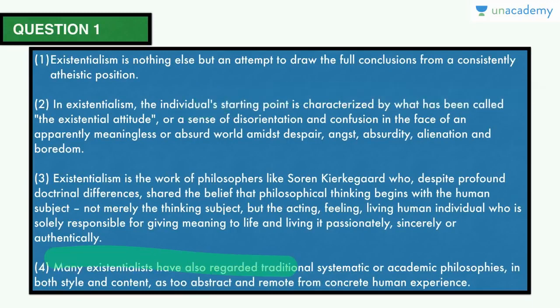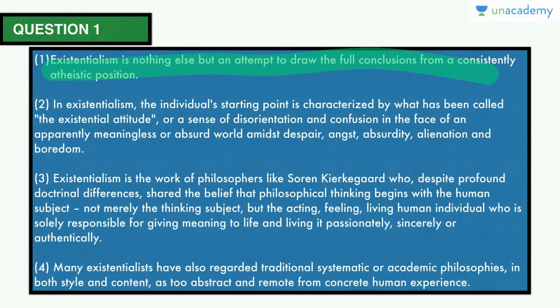In 4, is he criticizing it himself, or is he just quoting what existentialists regard traditional systematic or academic philosophies? Okay, got it. Here in sentence 4, traditional systematic or academic philosophies are being criticized. In sentence 1, you're criticizing existentialism itself.